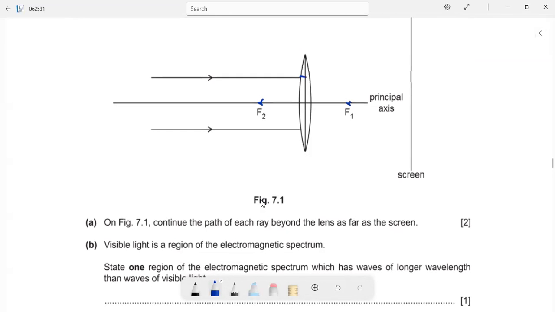So both rays will get refracted towards the principal axis and pass through F1. Through F1 it will pass. Here also it will get refracted and pass through F1.